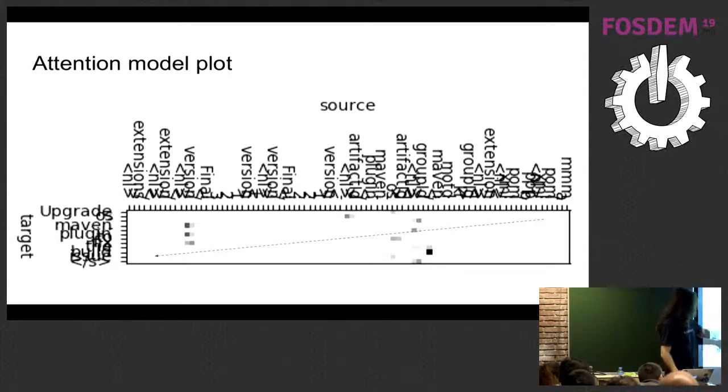So here we are plotting the real float numbers as in a grayscale. So the higher the numbers, the higher the correlation between this input and this output here. So you can see the upgrade OS Maven actually triggered when it saw artifact ID words and it saw Maven.